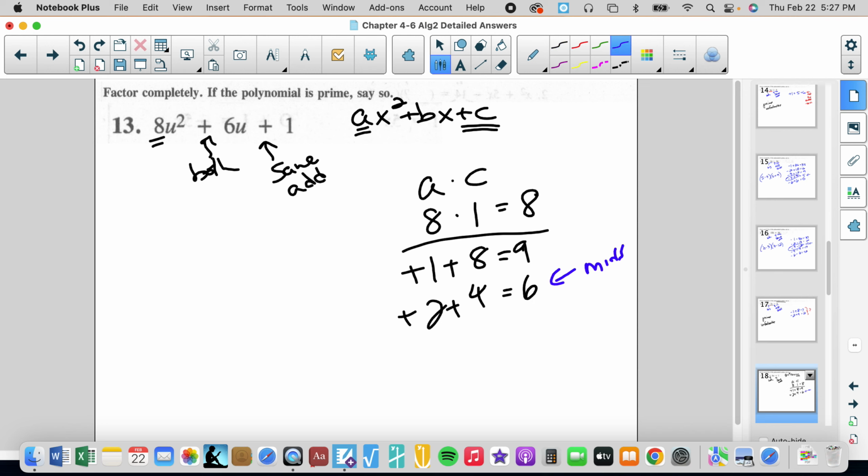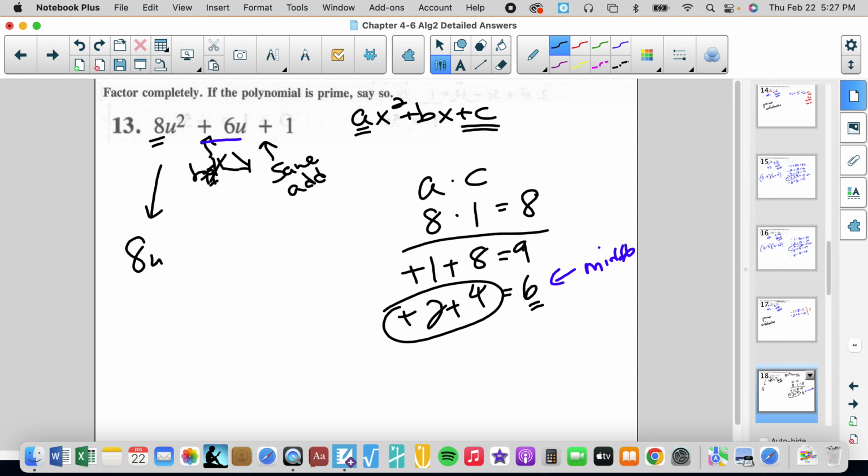We're going to change it up a little bit here. That's my middle, but because a is more than 1, we have to split this. We're going to split this middle term, because think about what made 6, 2 and 4, before we broke it into two binomials. But we're going to split these 3 terms into 4 terms.